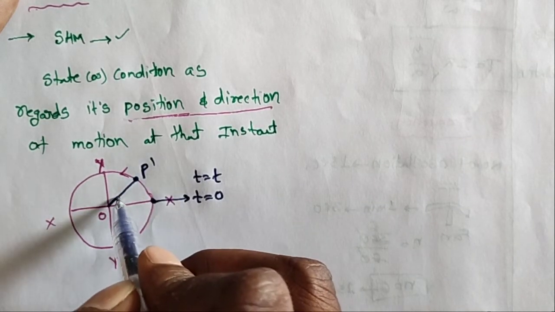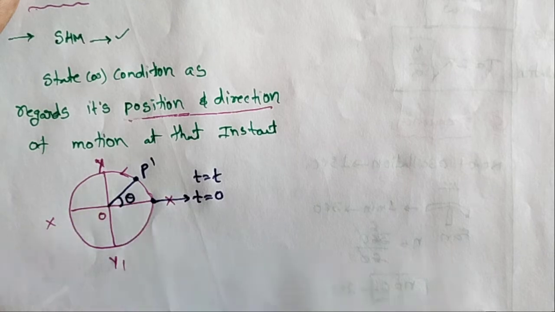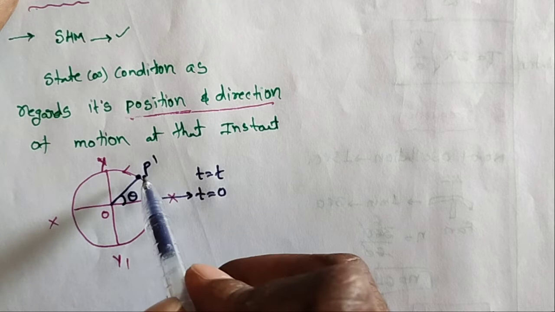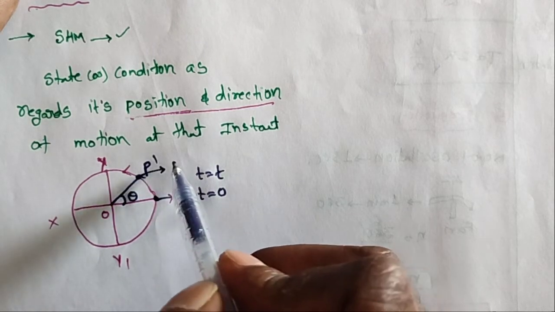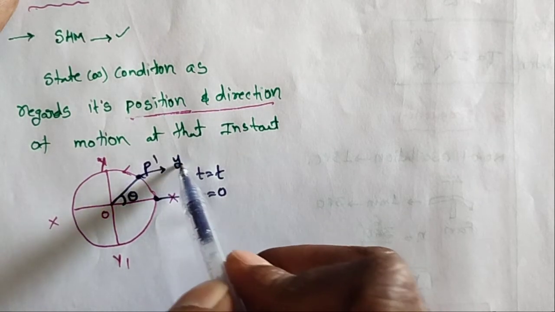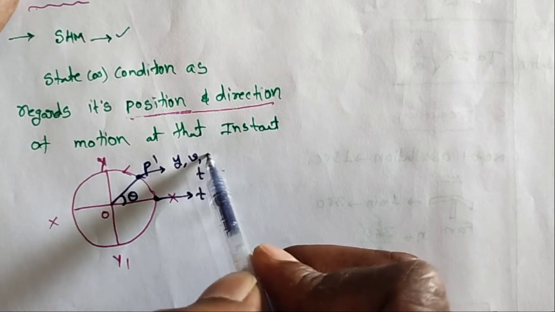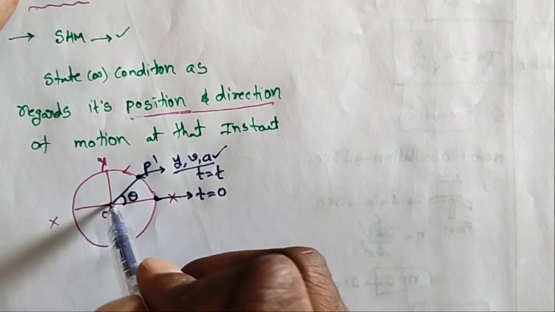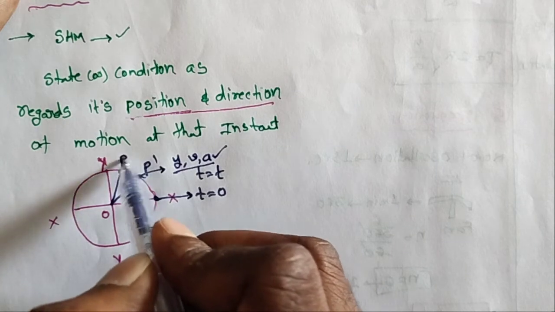What is the angular displacement? Theta. At this point p dash, you can identify what the displacement is, what the velocity is, what the acceleration is. Suppose the particle is moving at this point p double dash.